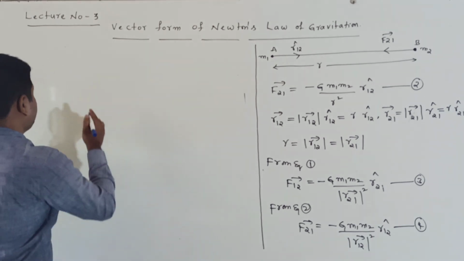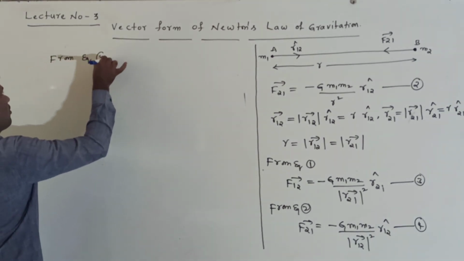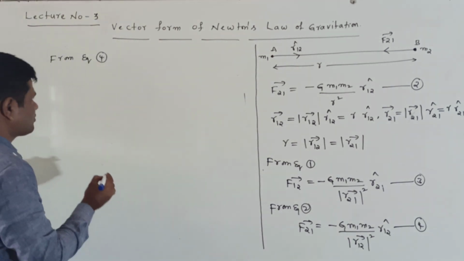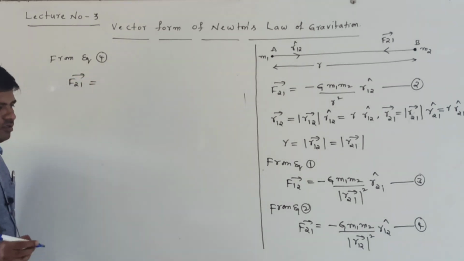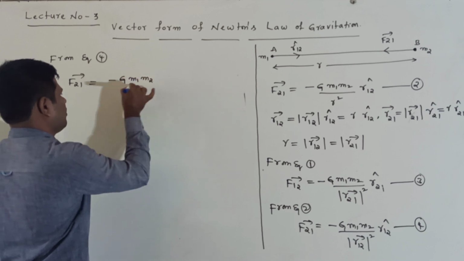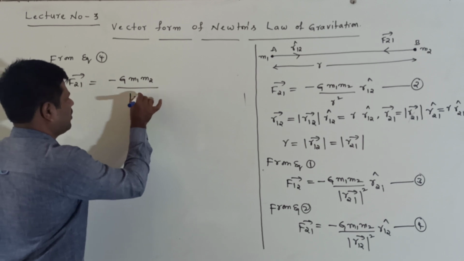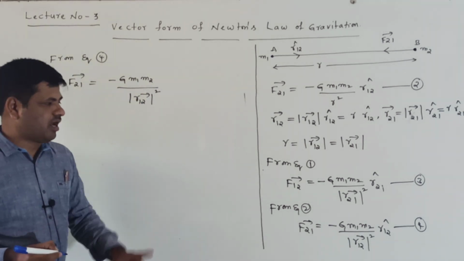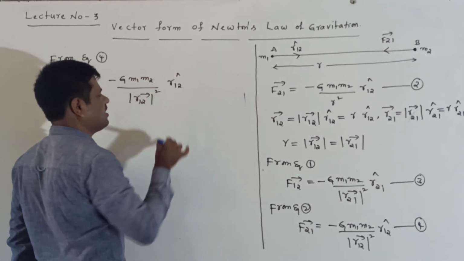Listen, from equation 4: f12 bar is equal to minus G into m1 m2 by mod r12 bar into r12 cap. That is extending the vector form, another form I am writing.